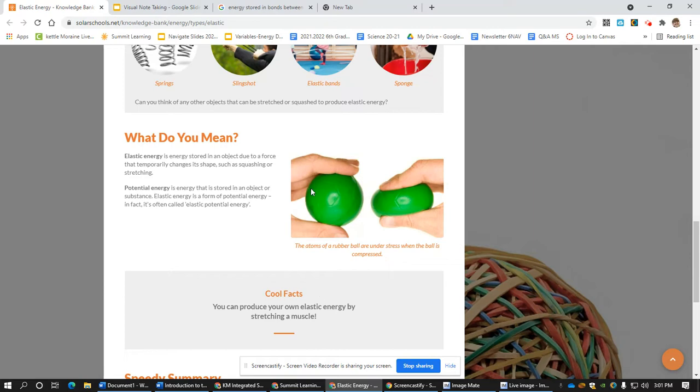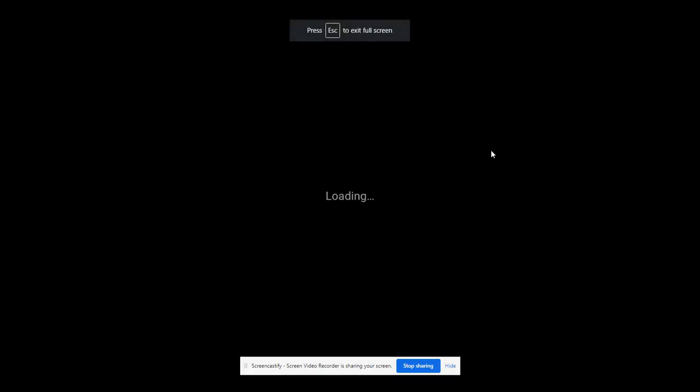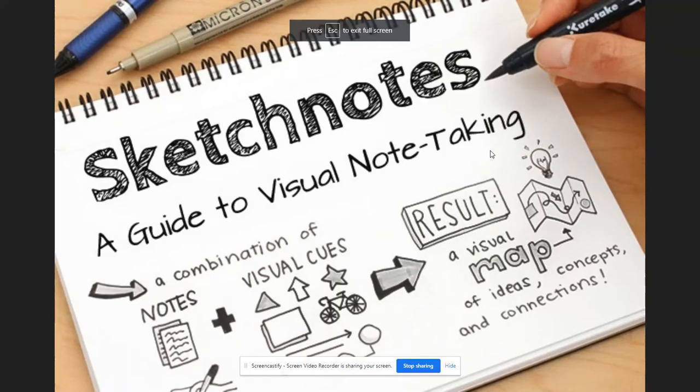So before I do that, I wanted to share with you that we have had several students in the past who have used something called sketch notes. So they don't just take the notes that are on their resource, they also add some of those visual cues. It might be included in the article, or it might be something that you are adding, that you're thinking of from reading the article.